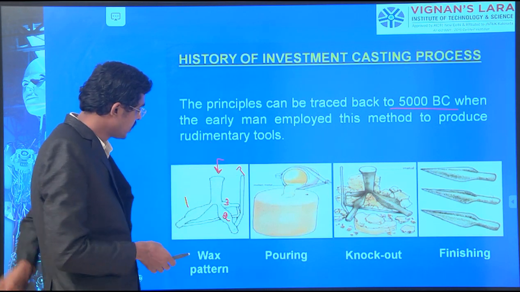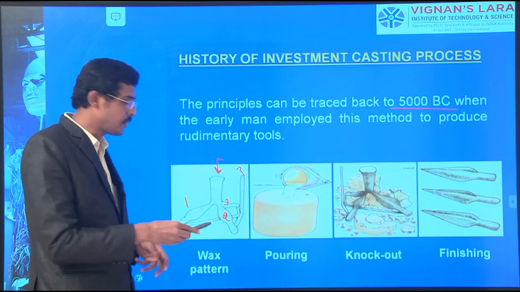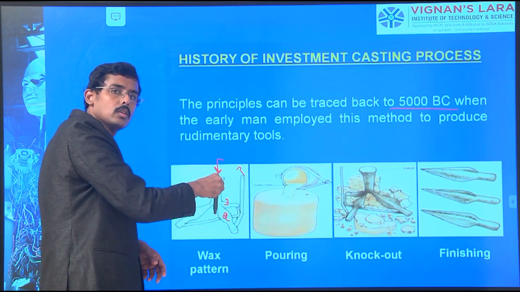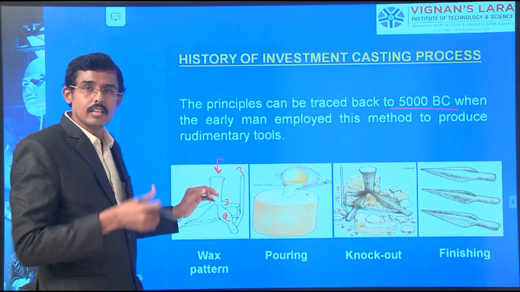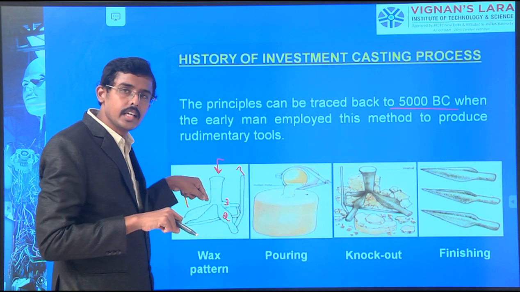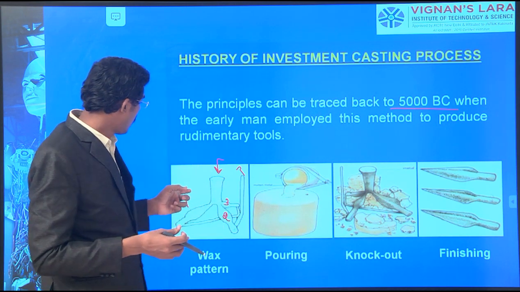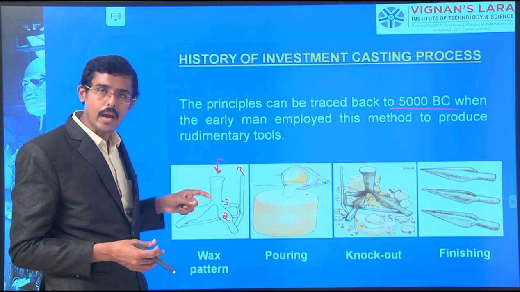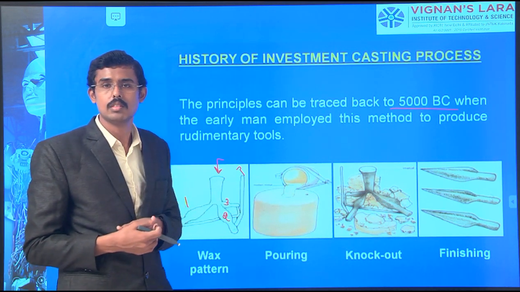The wax pattern is prepared in such a way that it contains the hollow and the design. When the hot metal is poured inside, the wax will melt. We know this. Therefore, around the wax pattern, I create the sand molding box.